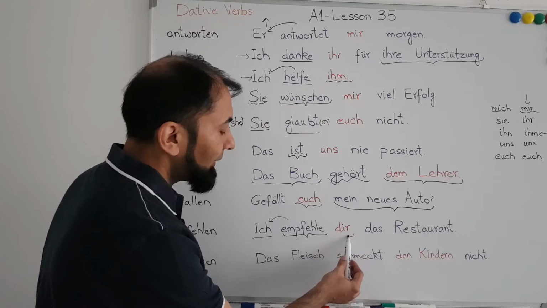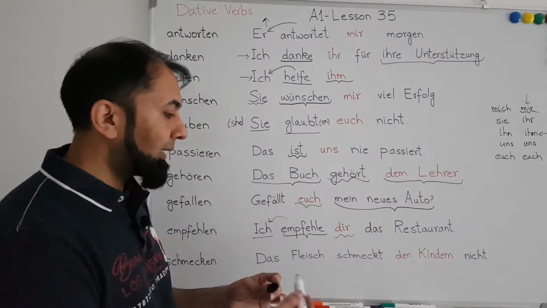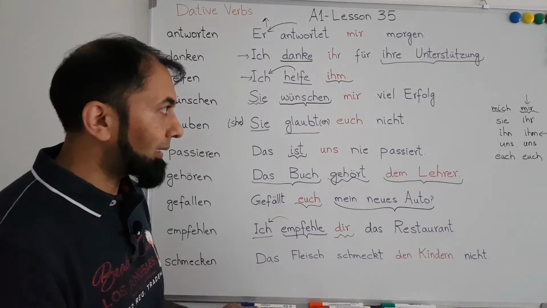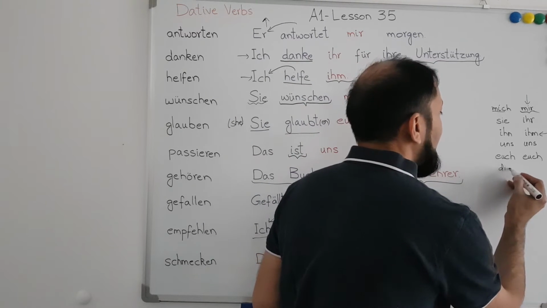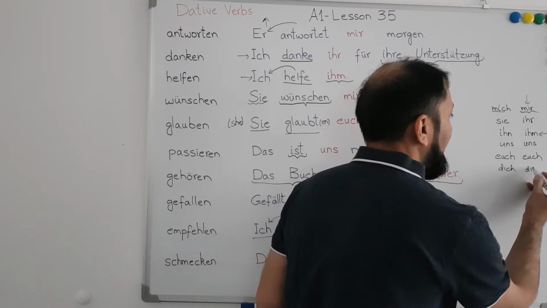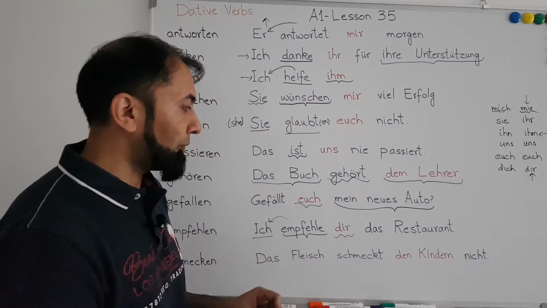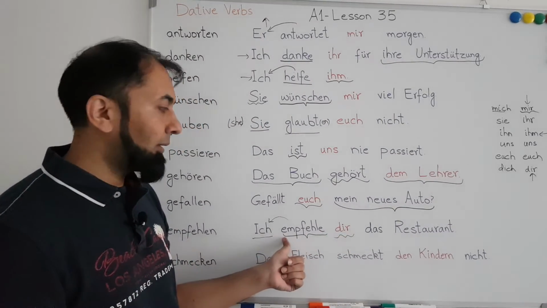Now I am recommending this restaurant to you, therefore you will be the object and you will be from the dative case, and we know that dich is the accusative for you as an object, and dir is the one from the dative case. Therefore we will use dir because the verb we are using is a dative verb.